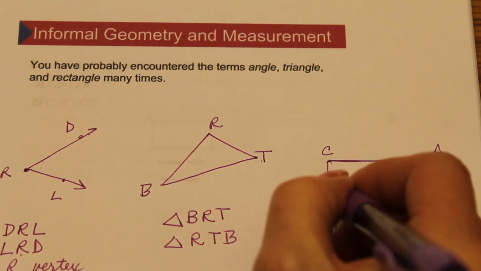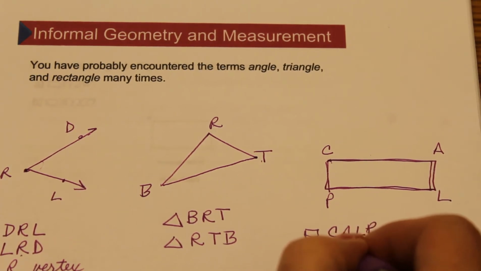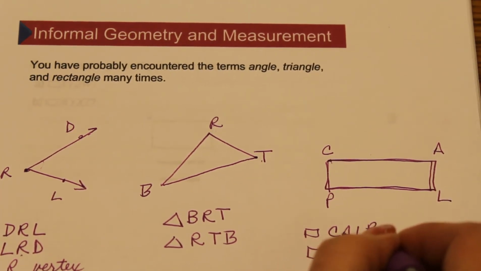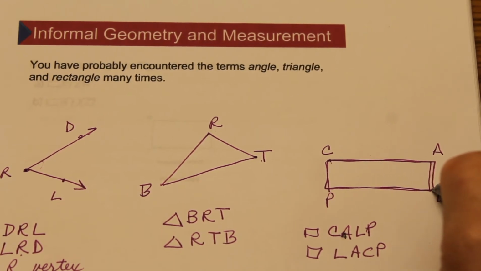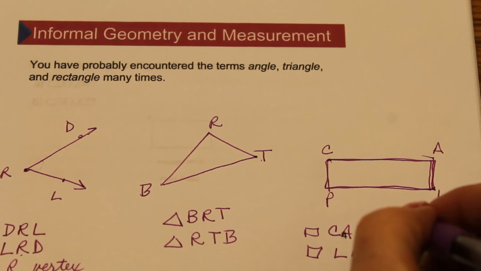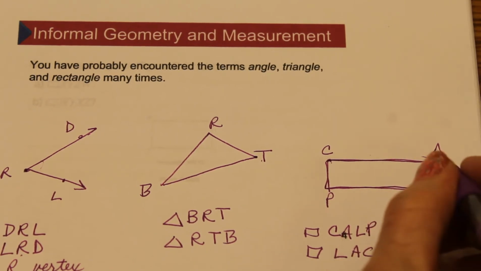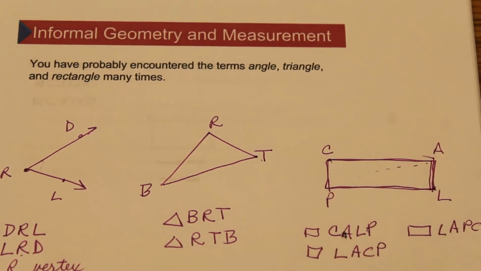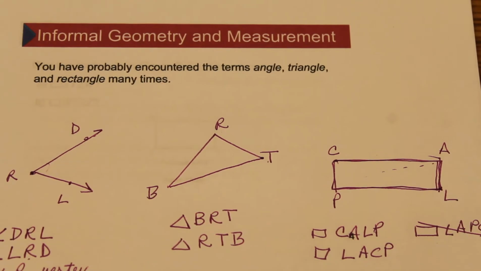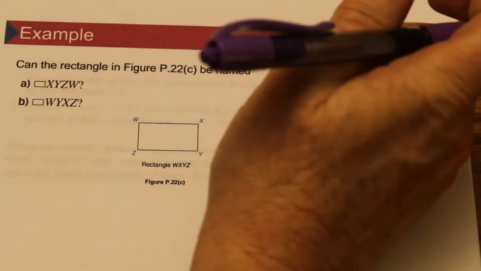I could also have named it LAPC. I could start at this corner, L to A to C to P. I could not call this LAPC, L to A down to P. No. The vertices have to be named in order.